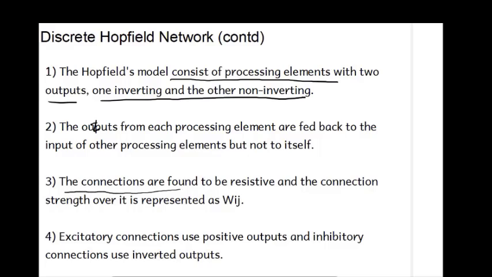The connections are found to be resistive, and the connection strength is represented by Wij, so Wij is the weight. Excitatory connections use positive outputs, and inhibitory connections use the inverted outputs. As we saw, one is inverting, the other is non-inverting. The excitatory connections use positive outputs, while inhibitory use the negative outputs.